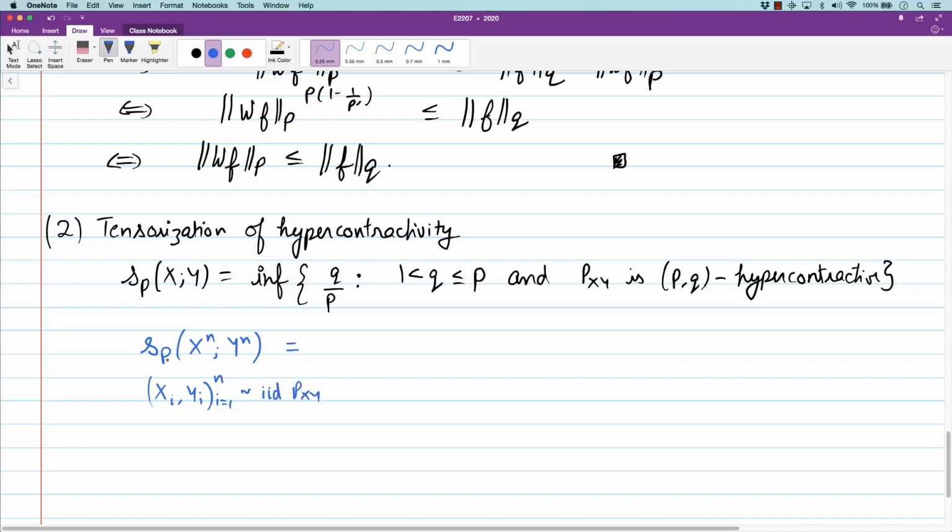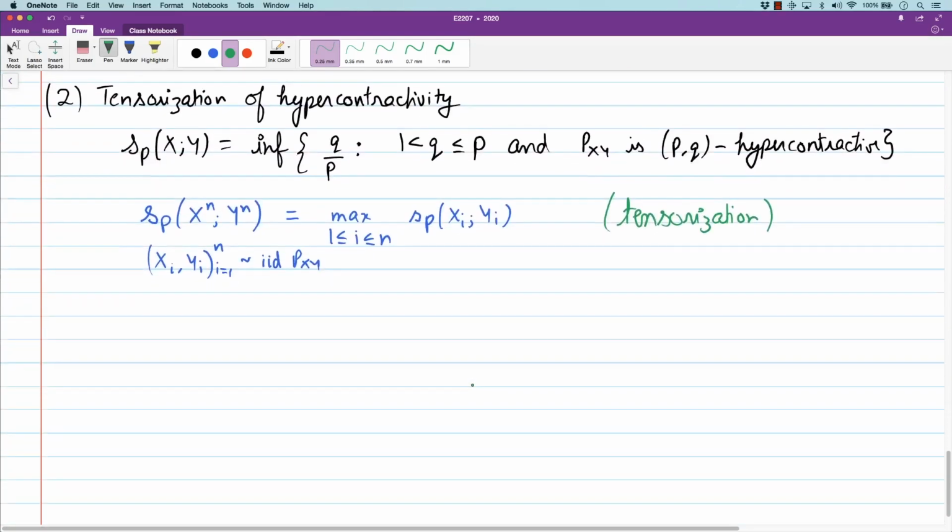Then the quantity S_p(X^n;Y^n), which must be less than 1, is equal to the max over i from 1 to n of S_p(X_i;Y_i). This is the so-called tensorization property. In particular, if they are identically distributed, then S_p(X^n;Y^n) equals S_p(X_i;Y_i).